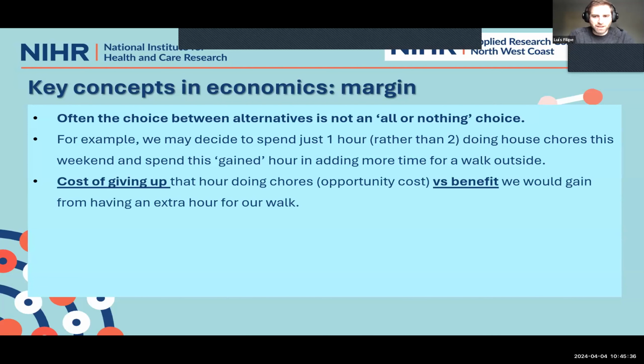So you need to understand what is the change in the benefits. How much am I going to gain by having this extra hour dedicated to a walk outside? But then you need to understand the cost of what you are giving up. So what do I lose by doing 1 less hour of house chores?